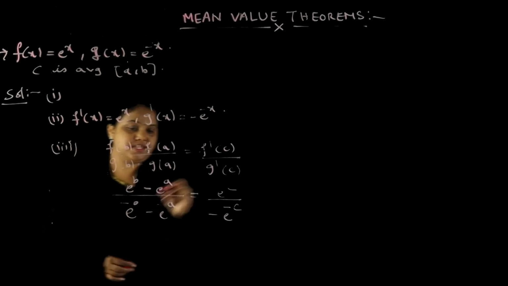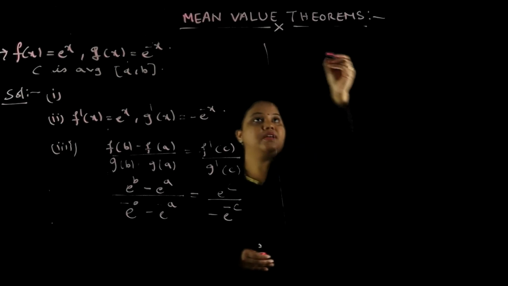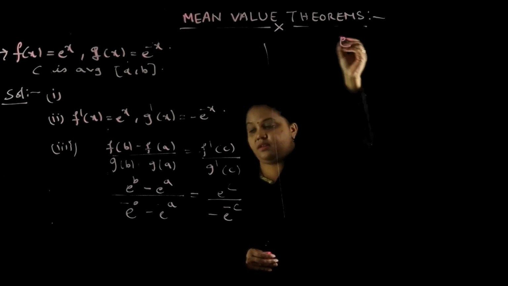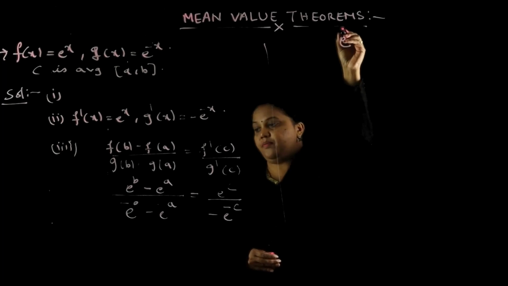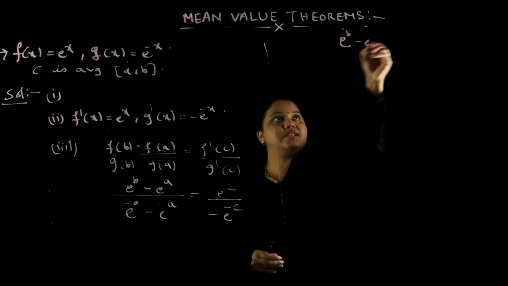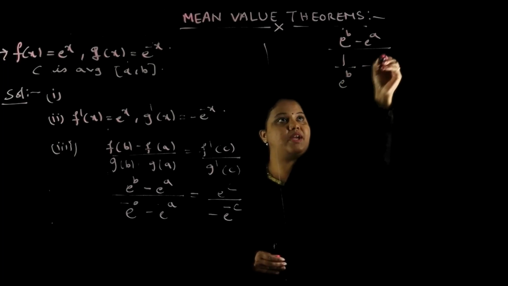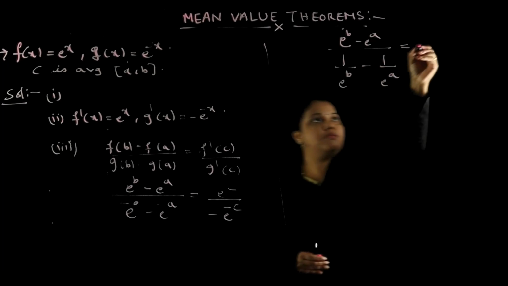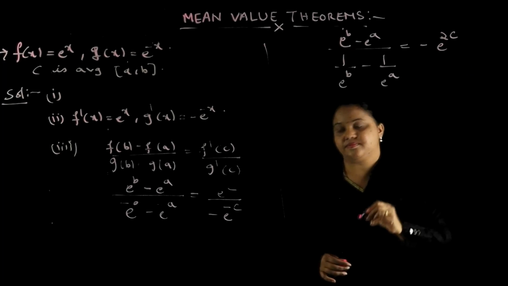Right? So after these calculations and all, we will be simply arriving at 1 by e power b minus e power a by 1 by e power b minus 1 by e power a. So this will be equal to minus e power 2c. Right?